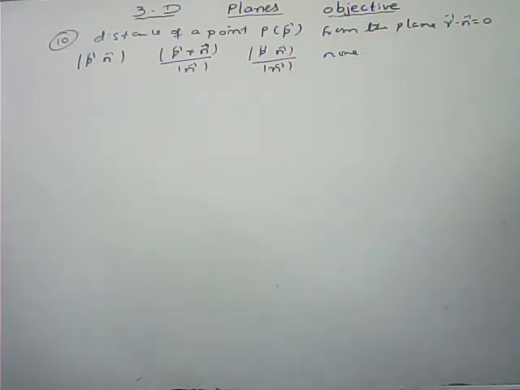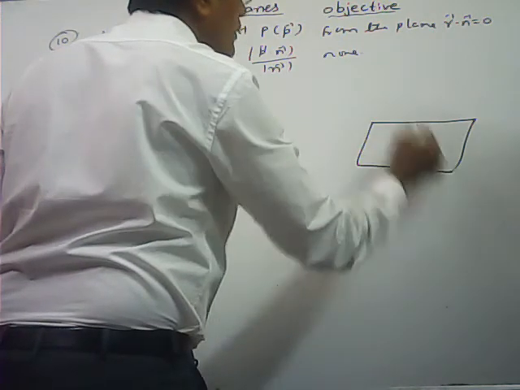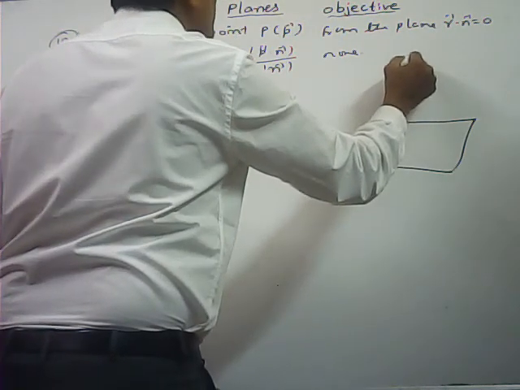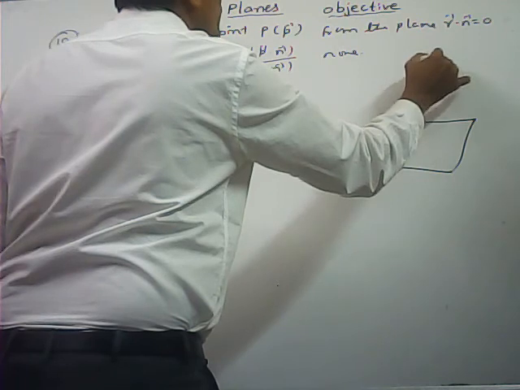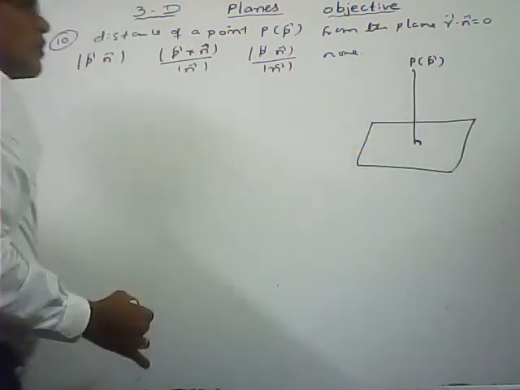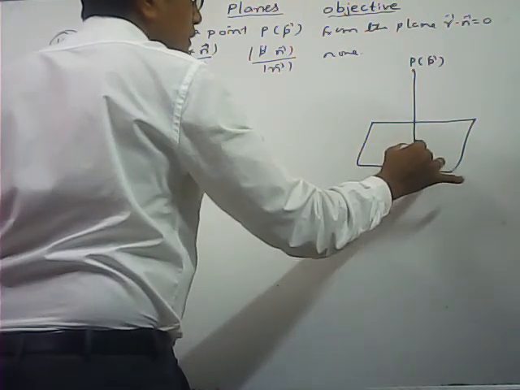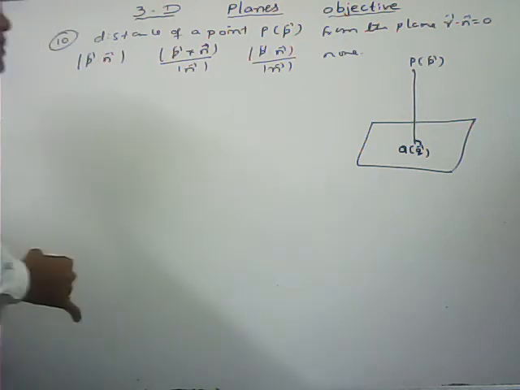Next one. The distance of a point P from the plane r bar dot n bar equals 0. These are the options. Here we want the distance from the point P whose position vector OP bar equals P bar. This is the foot of the perpendicular. I am taking Q whose position vector OQ bar is equal to Q bar.